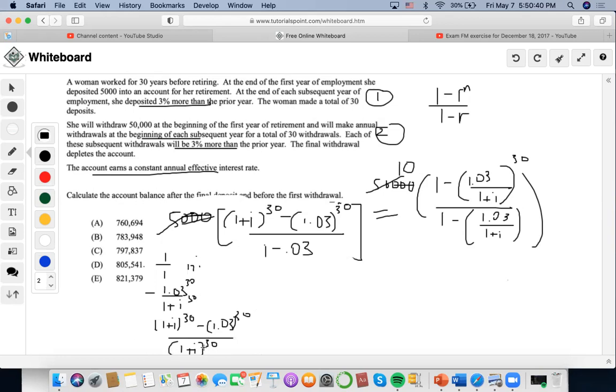So this is the numerator. The denominator is, and this would become I.